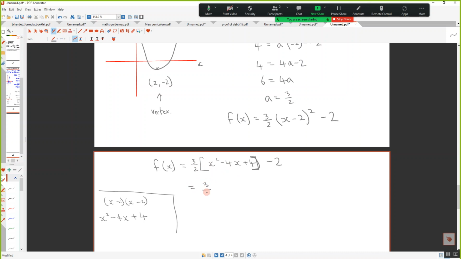So I get 3 over 2 x squared minus, that's 4 times 3 over 2. And then we just group together our like terms. Minus 6x plus 4. And we are done.